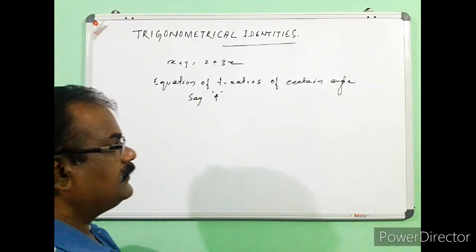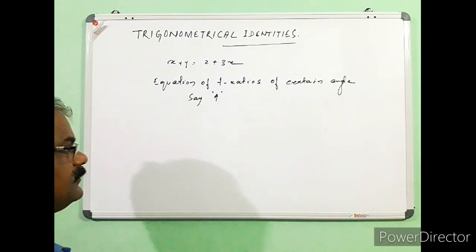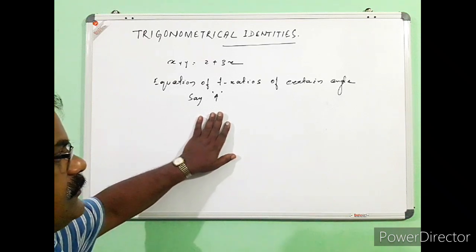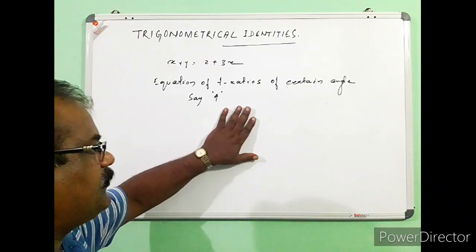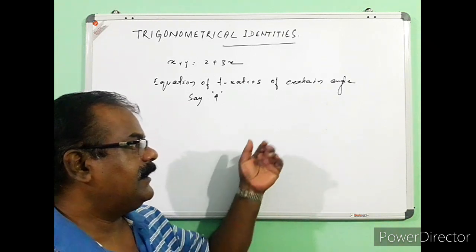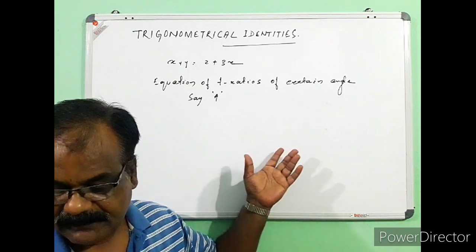As you know, sine of A is the perpendicular by the hypotenuse, and likewise cos, tan and all these trigonometrical ratios you have already known.